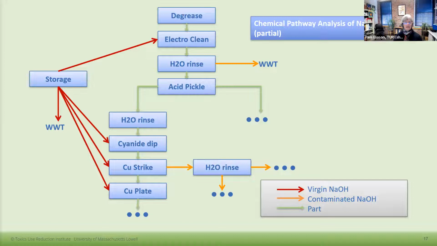Obviously, in this plating process, there's going to be a number of different chemicals that really should be mapped through the operation itself. But you can look at this and you can say, well, so great, the sodium hydroxide is going to the electro-clean. Is it not being carried over into the following rinse? Or is it being carried over into the following rinse?